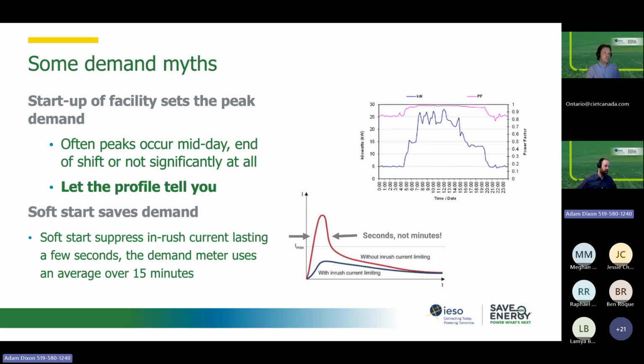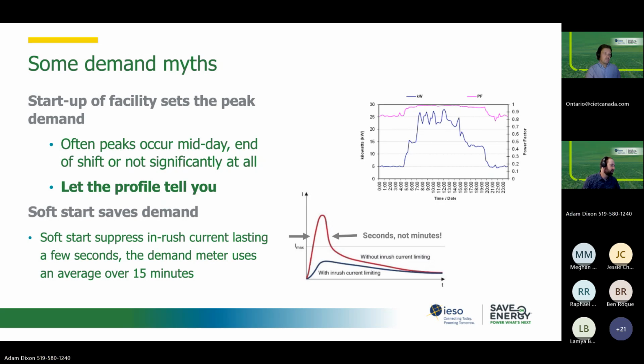So you want to think about whether it's worth purchasing soft starters for your motors. Is it actually going to reduce your demand? There may be other reasons to do it, like it may prolong the life of your device, but in terms of demand, it has an almost insignificant effect.